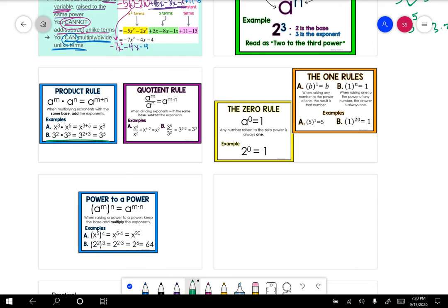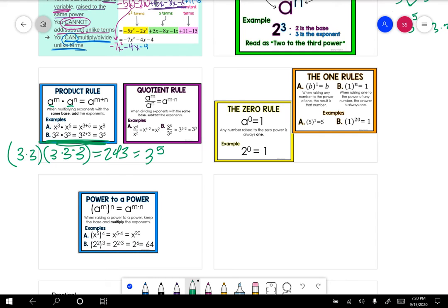So it's the same as that example we just did. Because if we had 3 times 3, which is 3 squared, times 3 times 3 times 3, that would give us 243, which is the same thing as 3 to the fifth. So if we're multiplying and we have the same base, so the same variable, you add the exponent.